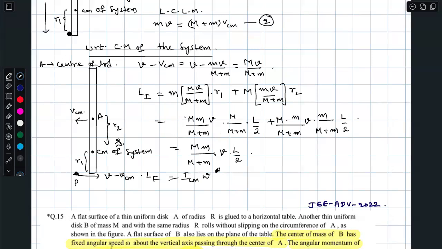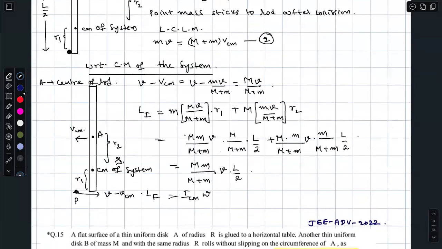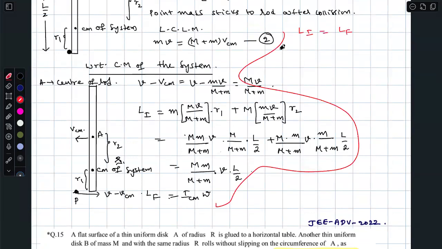ICM means system. Done. Now finally change the color. So what you are going to do is L initial is L final: capital M small m by capital M plus small m, VL by 2 is ICM.